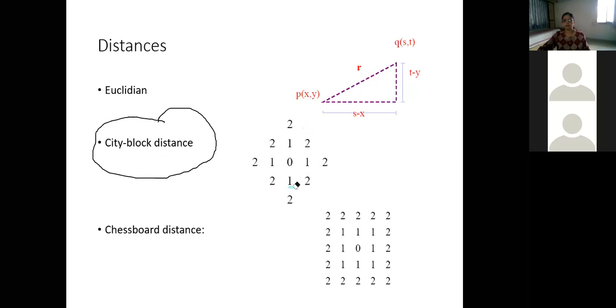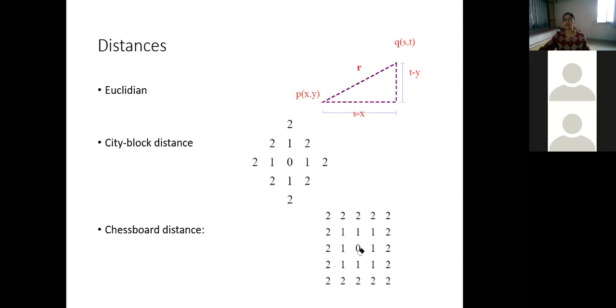Now the third method, the chessboard distance method. In this third method, basically it treats all diagonal neighbors as well as horizontal and vertical neighbors at the same distance.